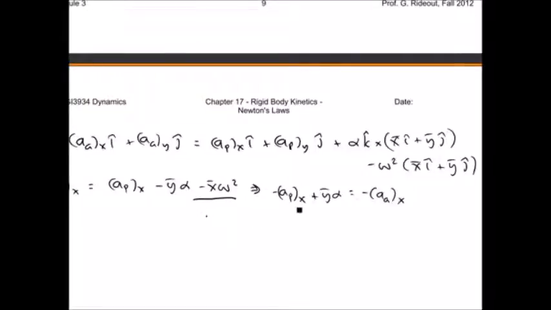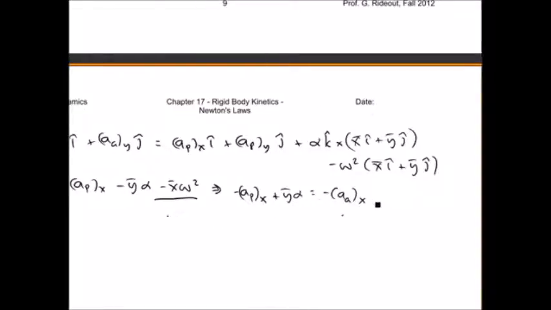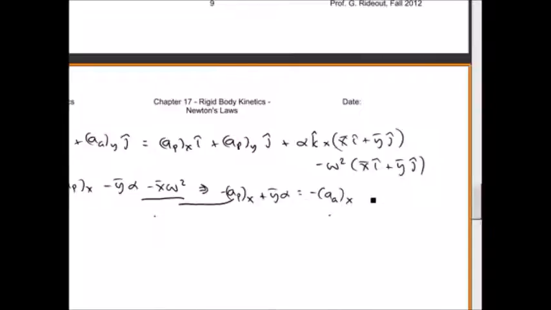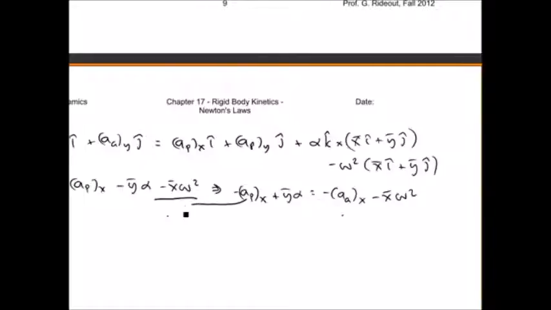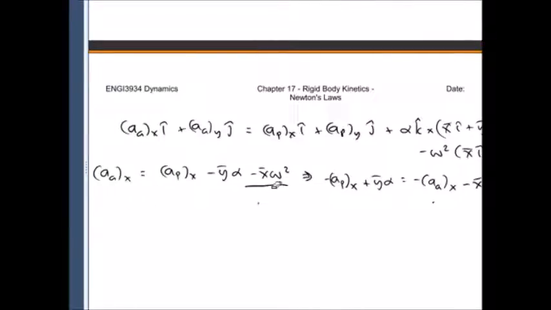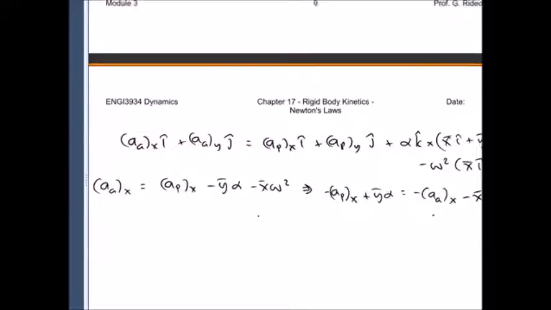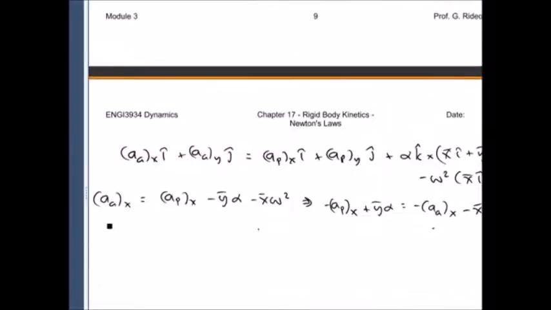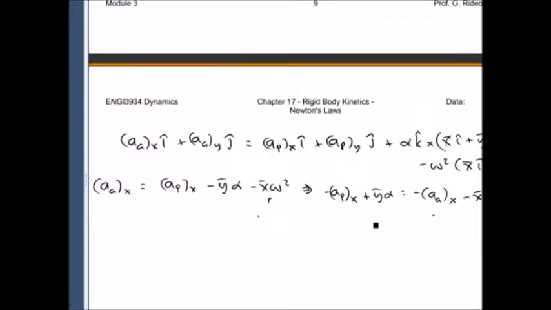Give me the pen. Thank you. Alright, so I get minus a_px plus y bar alpha equals minus a_gx minus x bar omega squared. There we go. Okay, get rid of those guys.